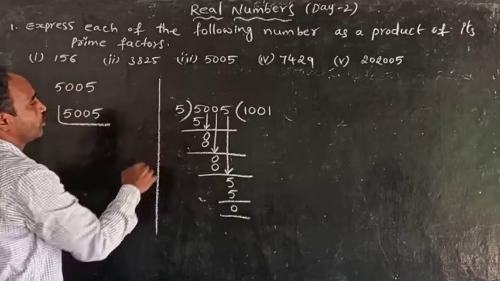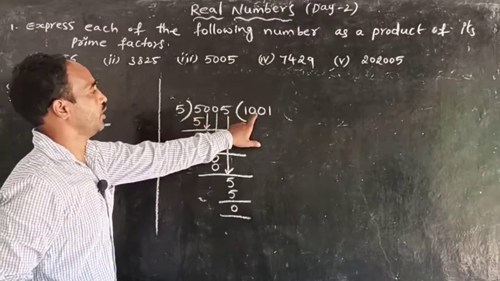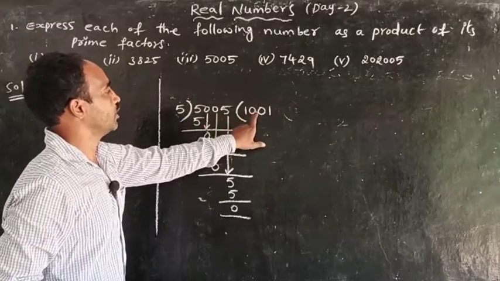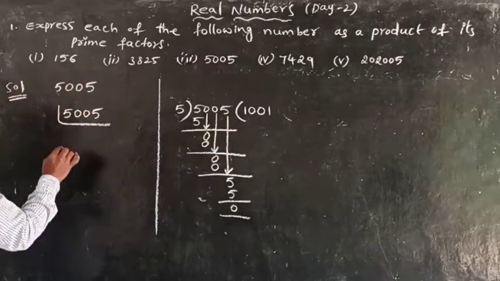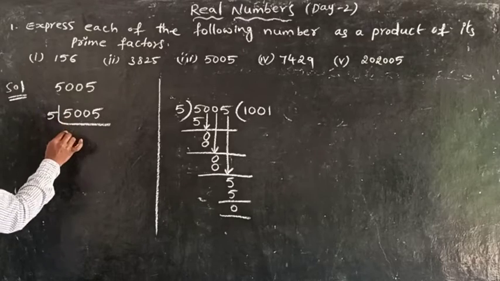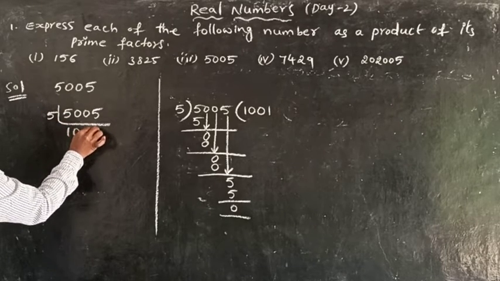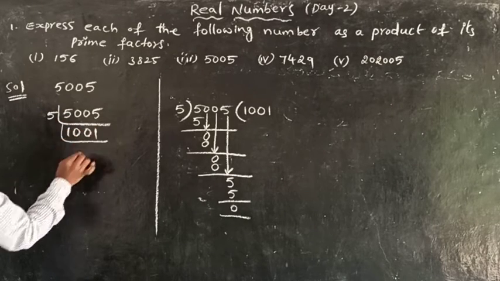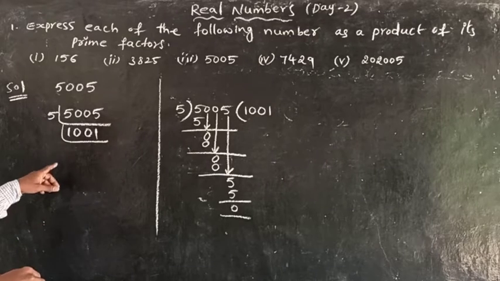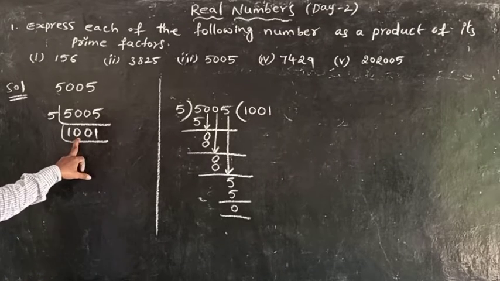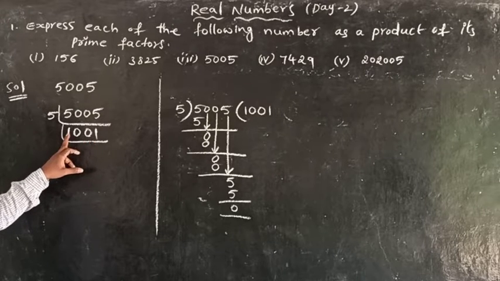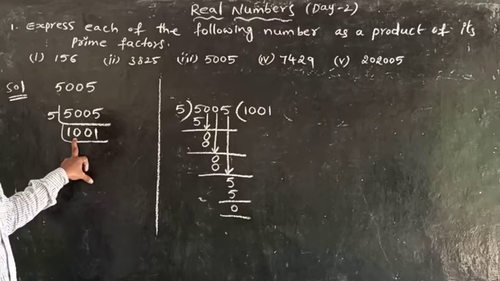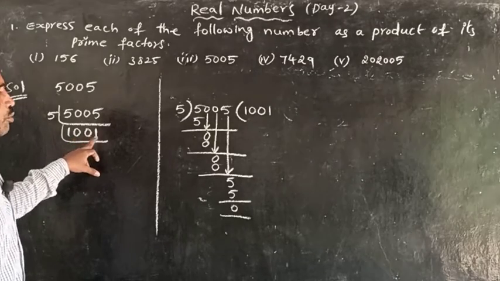So in the 5 table, 5005 is 5 into 1001. Next, maybe it will not come in any table. 1001 is a prime number.